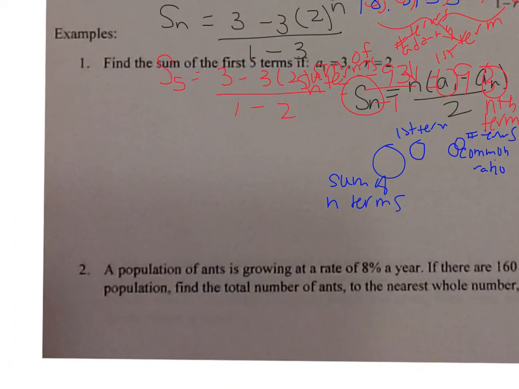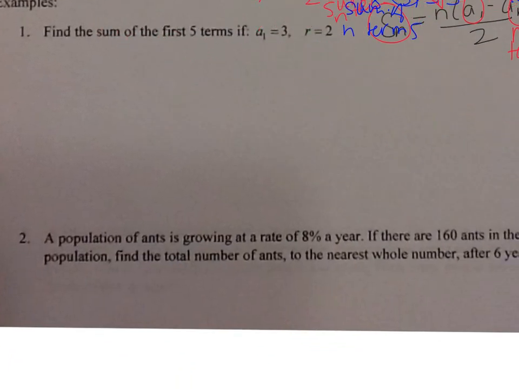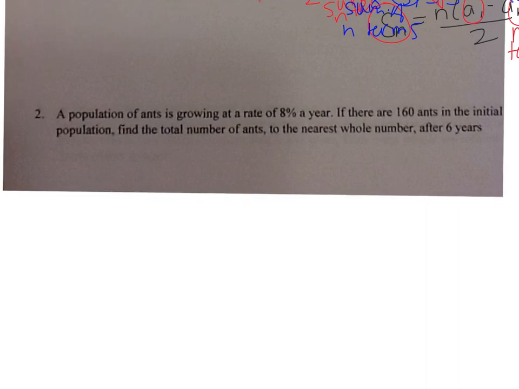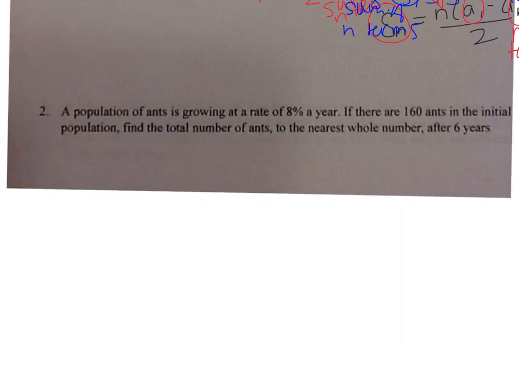Okay, so let's take a look at down here. Looks like a review right here. The population of ants is growing at a rate of 8%. This is an exponential growth. If there are 160 ants in the initial population, find the total number of ants to the nearest whole number after 6 years.